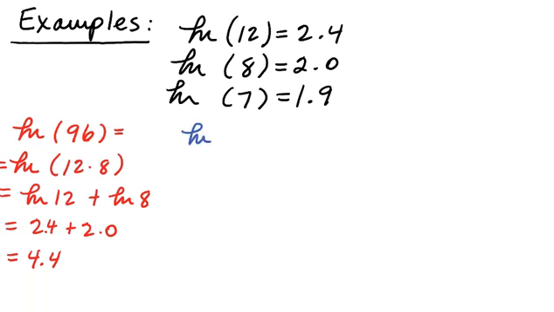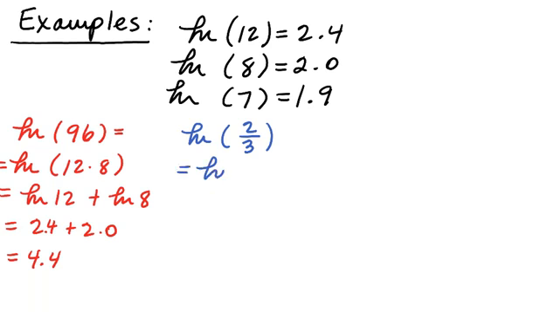What if they ask you for the natural log of 2/3? Well, how am I going to make 2/3 out of 12, 8, and 7? You've got to think about it for a minute. If there's division in the argument, I'm probably going to have to do division between 12, 8, and 7. And you see that 8 divided by 12 is 2/3.